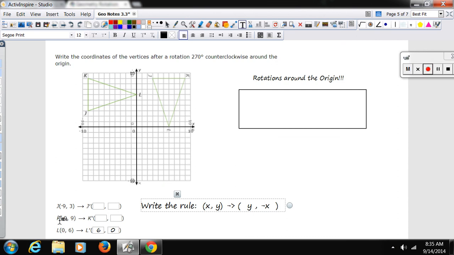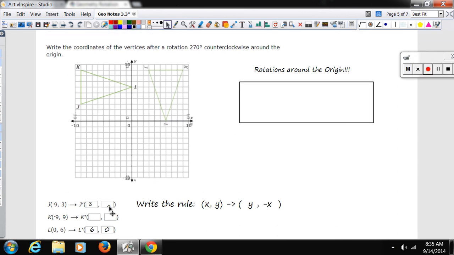So if we applied that to J up on top, we would get the point 3 and then 9. Is J prime the point 3, 9? Over 3, up 9. Oh, there it is, J prime. Got it. If we do the same thing for K, the 9 should come to the front.